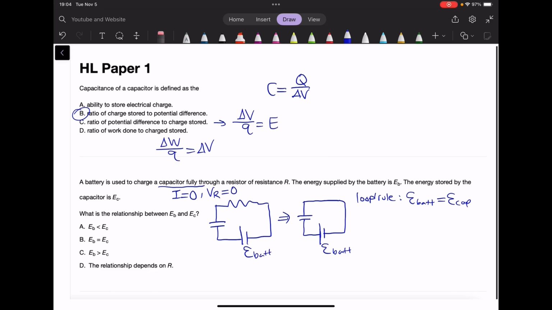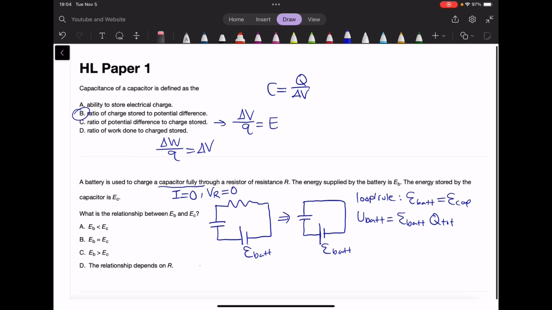So now we want to know the energy stored by the capacitor and the energy stored by the battery. The energy stored by the battery is equal to potential difference across the battery multiplied by total charge in the circuit.